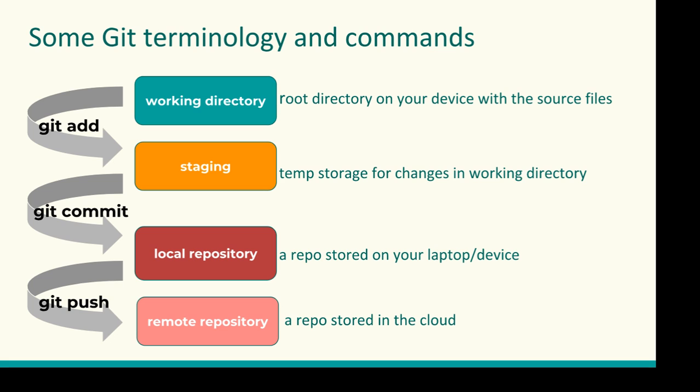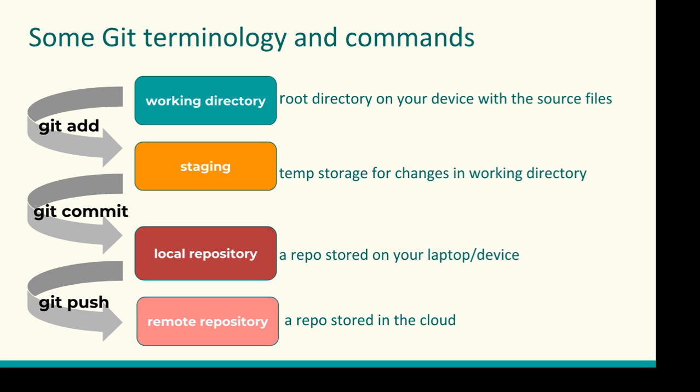So when you want to synchronize what's in your working directory to what's in your remote repository, the steps that you follow are: first, you do a git add. A git add will add the changes that are in your working directory to the staging place.